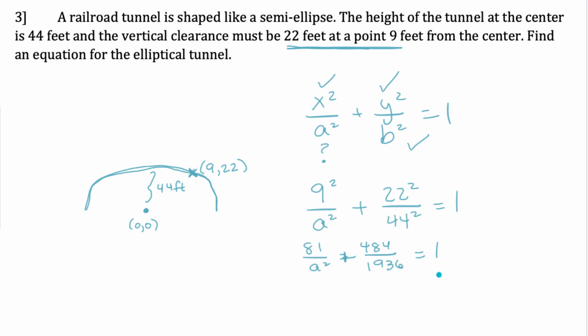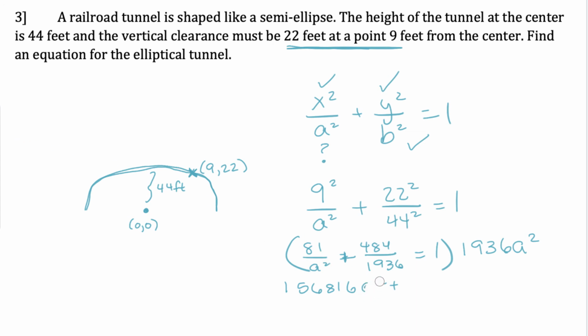So we can do some manipulation here. We can multiply all of this by 1,936a squared to get rid of those fractions, right? So 81 times 1936 is 156,816, and that's not multiplied by a squared, because that cancels.